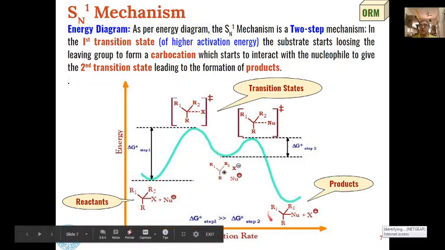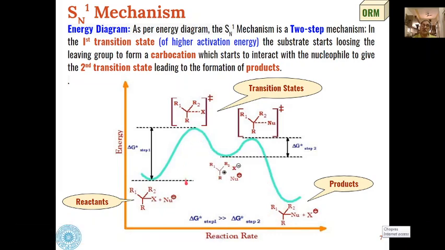and we get the product like this. And as you have seen, the energy of activation in the first step is much higher than the energy of activation of the second step. So that is why this step is slower than this step, and because of the slow nature of this step, it determines the rate of the reaction.